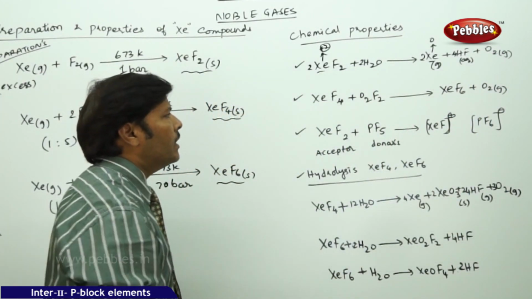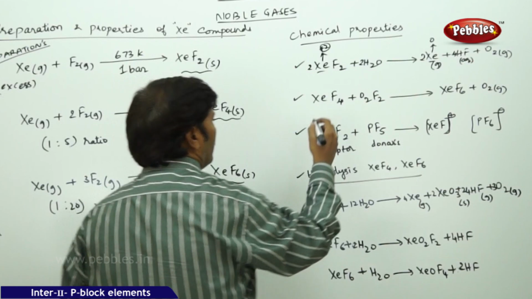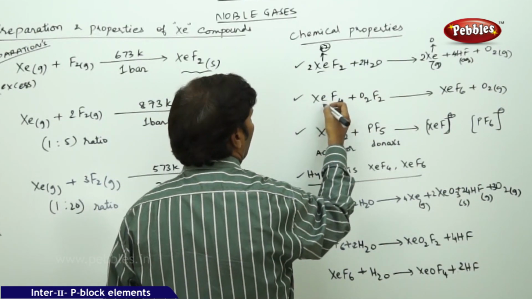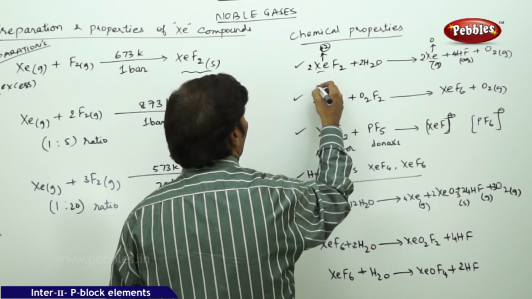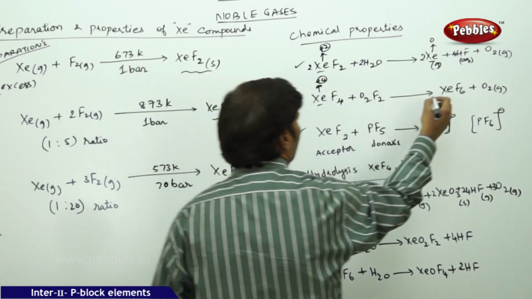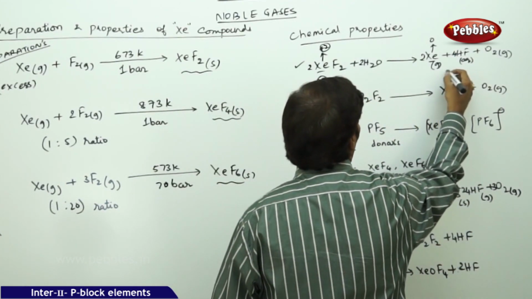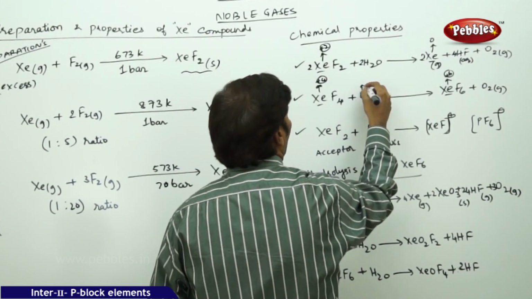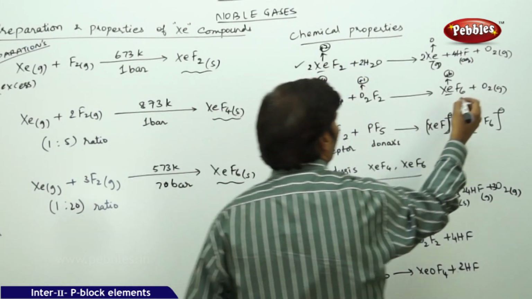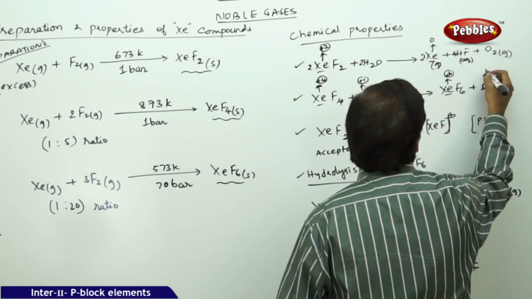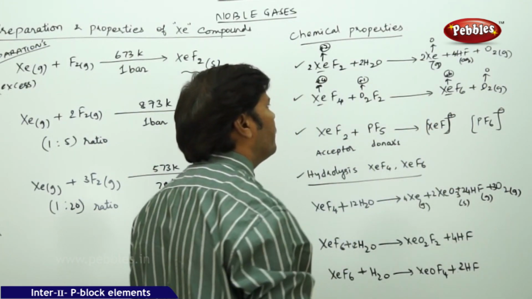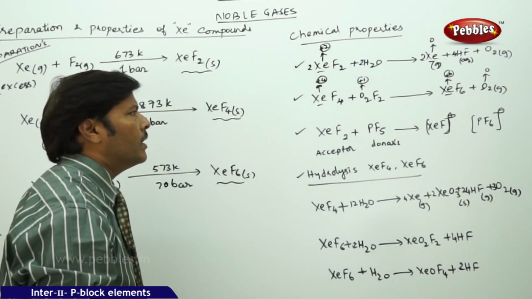And in the case of xenon tetrafluoride, here the xenon is in +4 oxidation state, and here the xenon is in +6 oxidation state, and here the oxygen is in +1 oxidation state, and here the oxygen is in 0 oxidation state. So this is a kind of redox reaction.